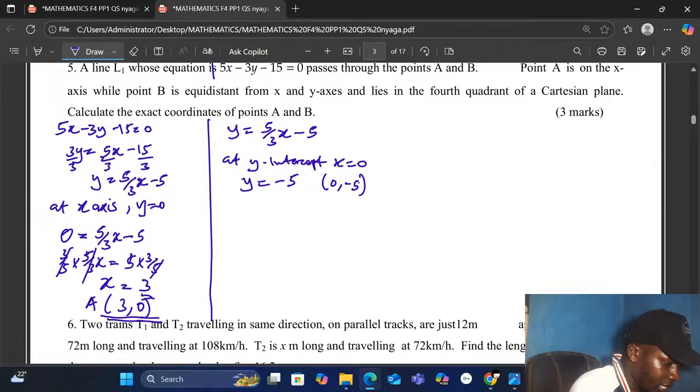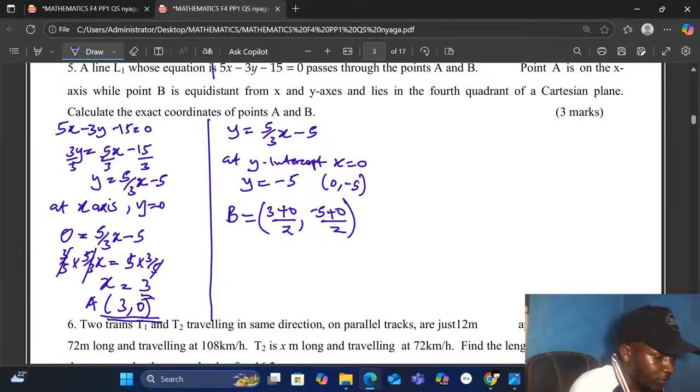So x is (3, 0), and y is (0, -5). So B, being equidistant, will take the values of x, which is 3 plus 0, divided by 2, and the values of y, negative 5 plus 0 divided by 2. So those are the values of B, which is equidistant.